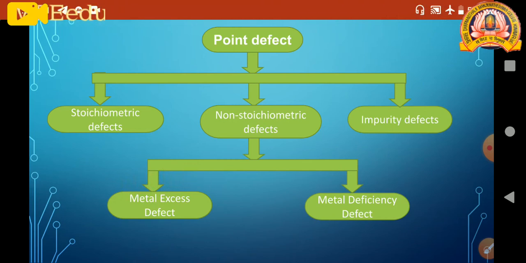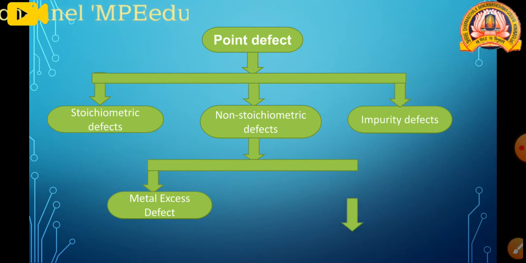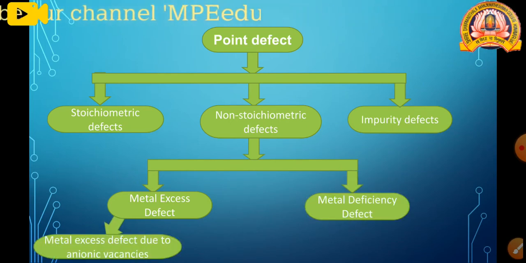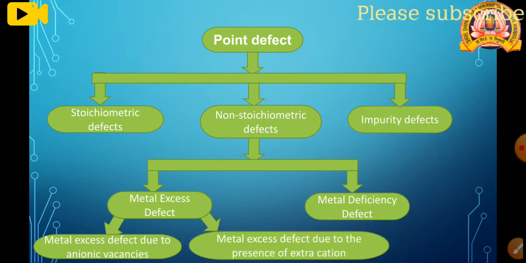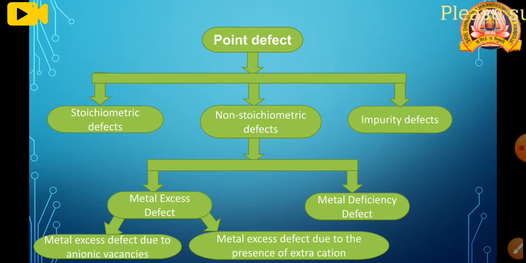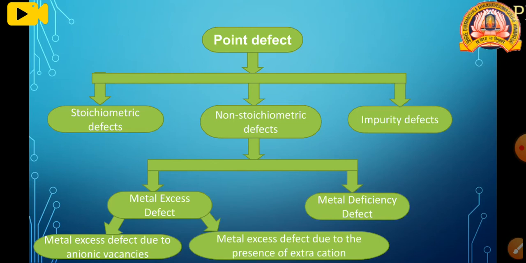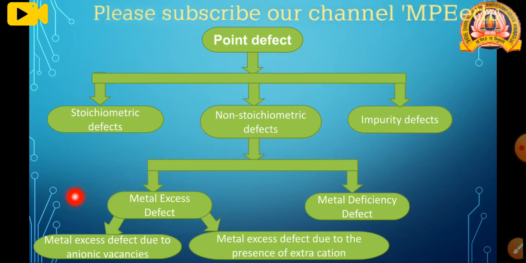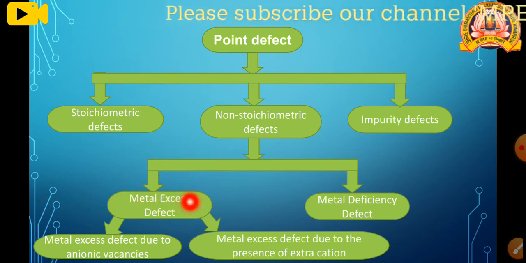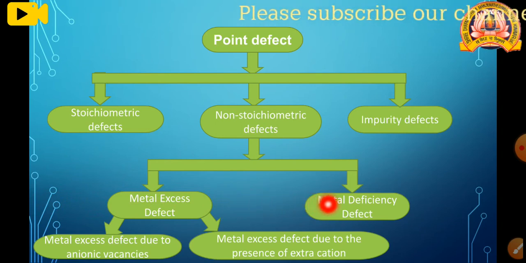A pure crystal contains 20 boys and 20 girls, and after the defect there is a presence of extra boys, then excess takes place. So boys excess takes place in two different ways: excess of boys or vacancy of girls. Similarly, metal excess defect takes place in two different ways.